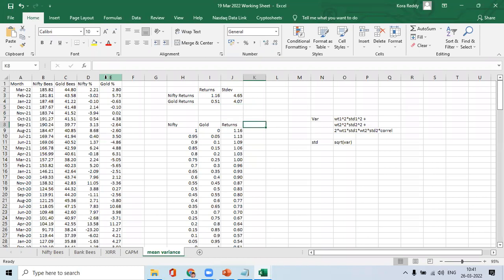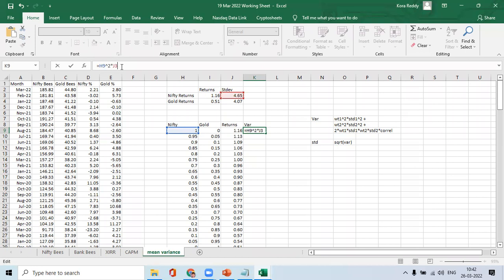Now, the variance of the portfolio, we have to write that formula, right? So that is weight 1, this is the weight 1, power 2, into standard deviation. So this is the standard deviation.